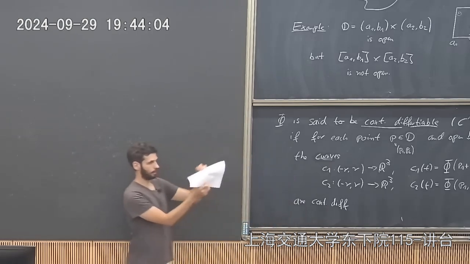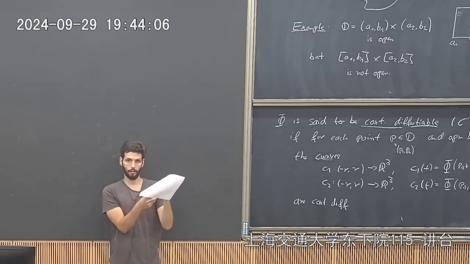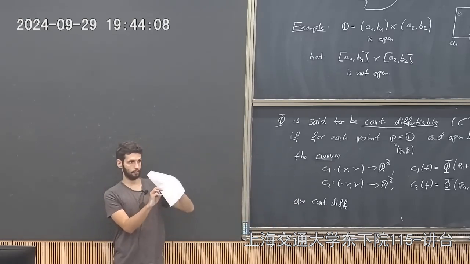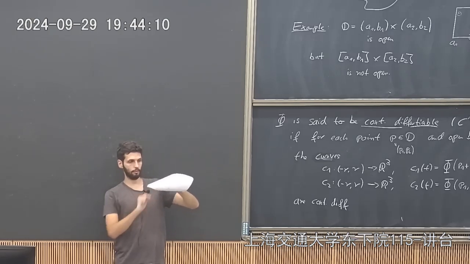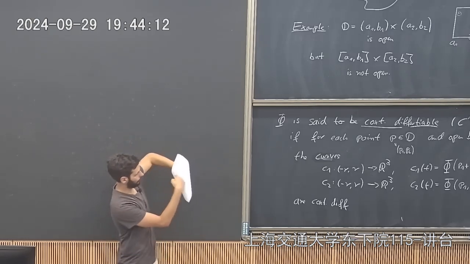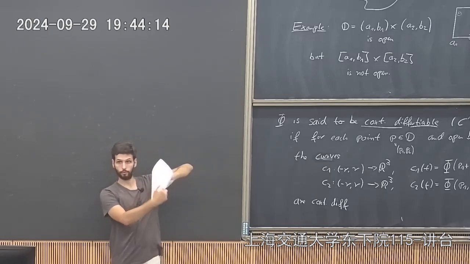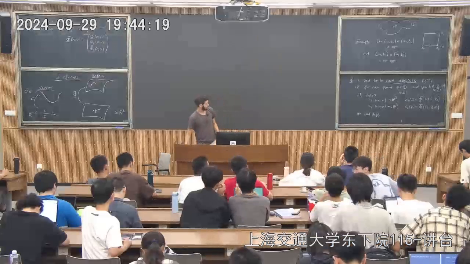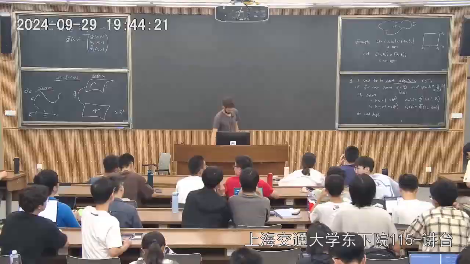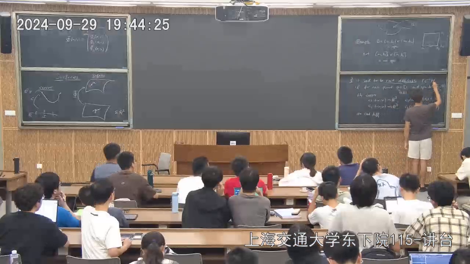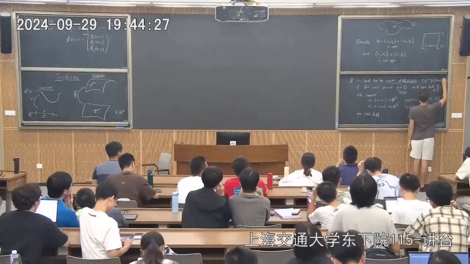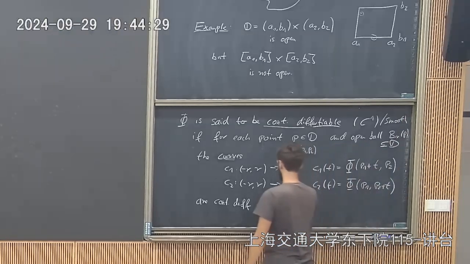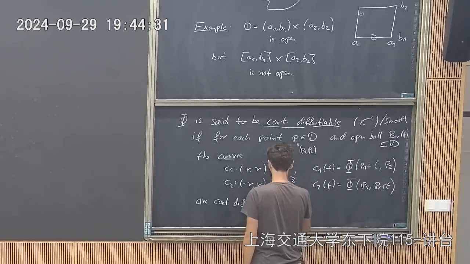And then you look at how this map is changing them, and you look at whether these curves, which are now defined as something that lives in 3 dimensions, are still smooth. So that's the definition. And similarly, you can say that something is smooth if these maps down here are smooth.